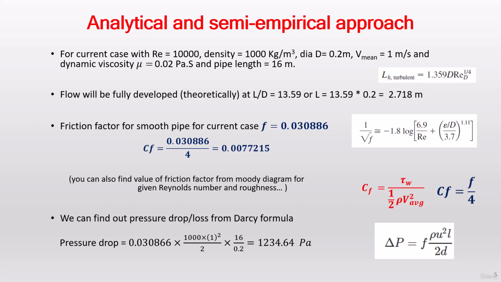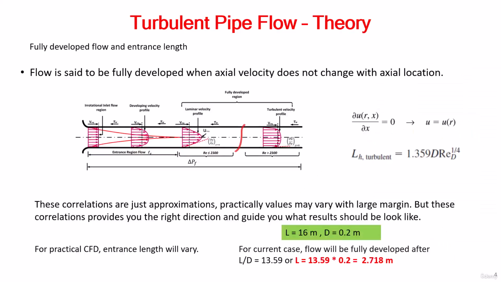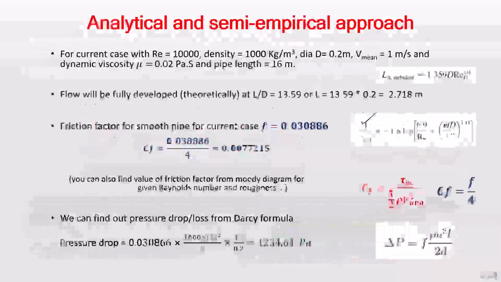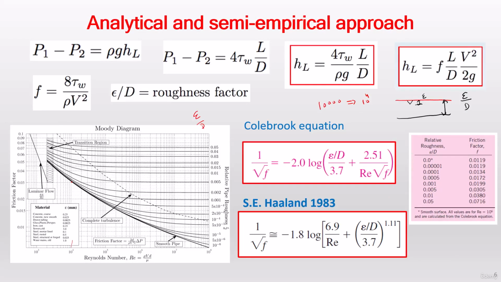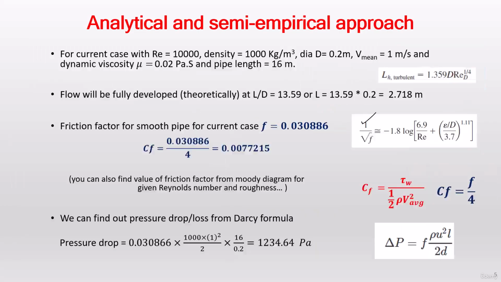There are two correlations that we can use for our purpose. One is the Colebrook equation, and one is the Haaland 1983 equation. Both of them will give you almost similar data. I use the second one.